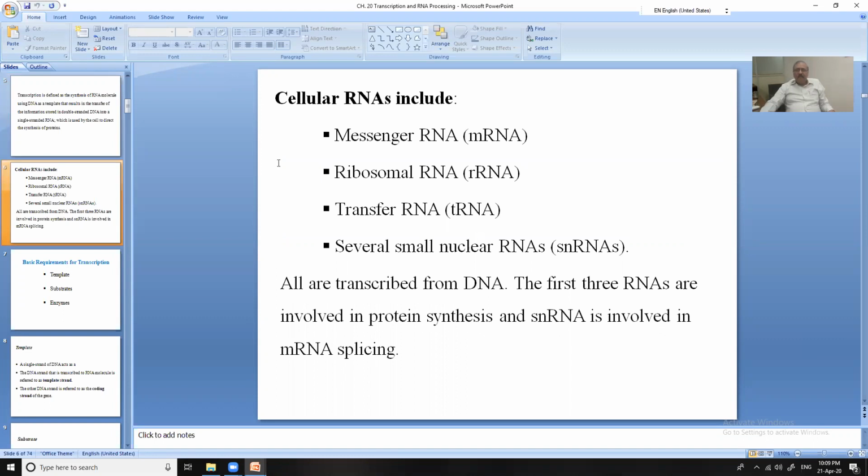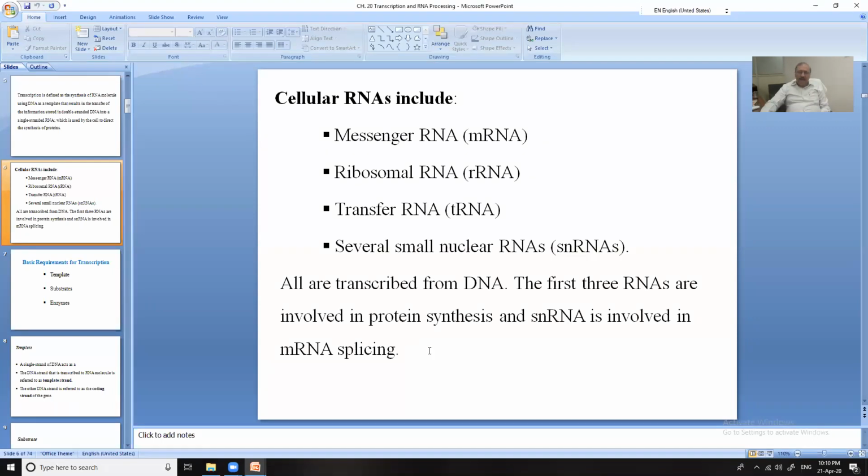These are the types of RNA I am giving you. These are messenger RNA, ribosomal RNA, and transfer RNA. In addition to these three main, we have several small nuclear RNAs. All are transcribed from DNA. The first three RNAs, messenger RNA, ribosomal RNA, and transfer RNA, are involved in protein synthesis, and small nuclear RNA is involved in mRNA splicing.